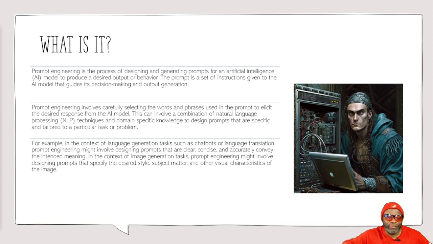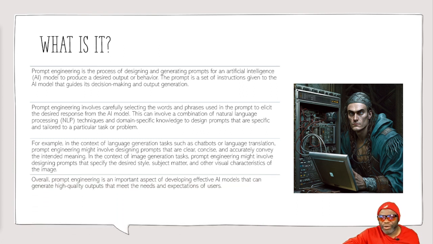But you've got to give it the prompts that will help it generate what you're looking for. This is exactly what I was looking for. I wanted a character that looked a little bit way out, a little bit sketchy and not completely real, but intriguing. And lastly, overall, prompt engineering is an important aspect of developing effective AI models that can generate high quality outputs that meet the needs and expectations of users.